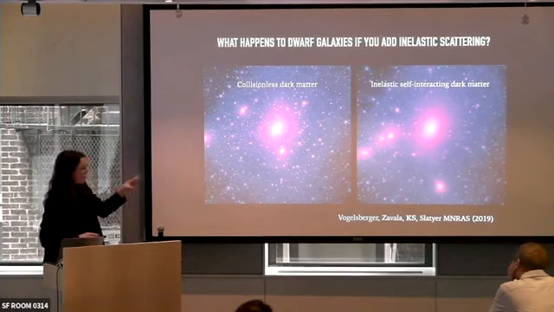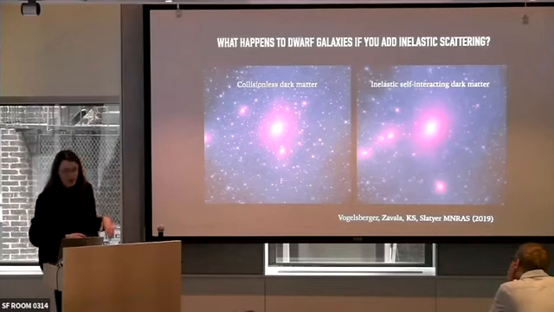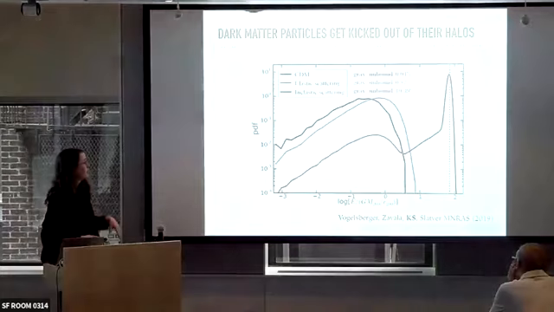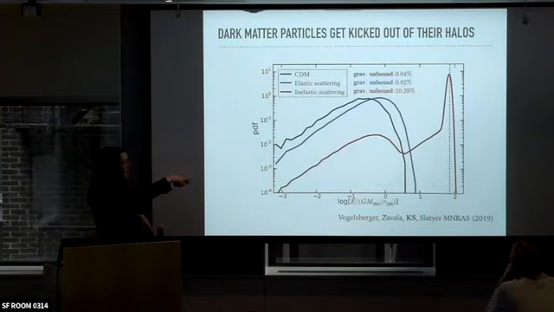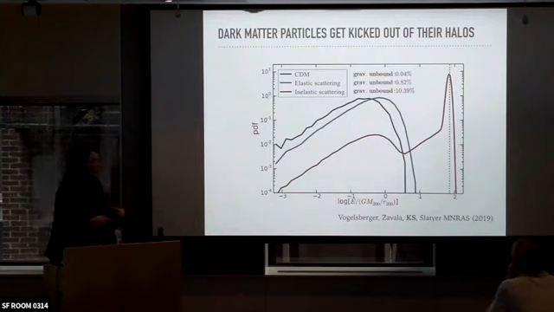If you actually want to quantify that, you can look at how much energy particles have. What is the PDF? What is the spread of energy that these particles have? So if you look at CDM, there's some peaked distribution. If you add elastic scattering, that peak moves a little bit to the right. So on average, particles are a little bit more energetic.